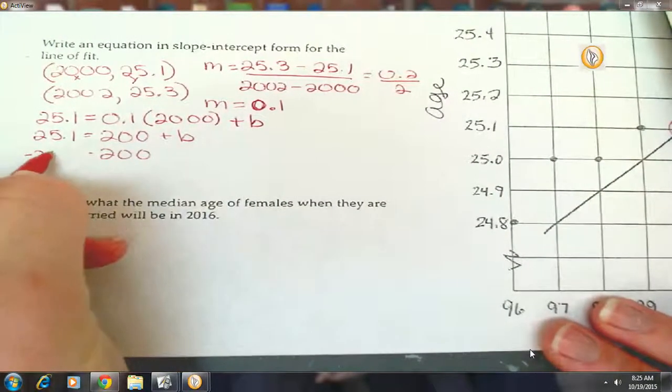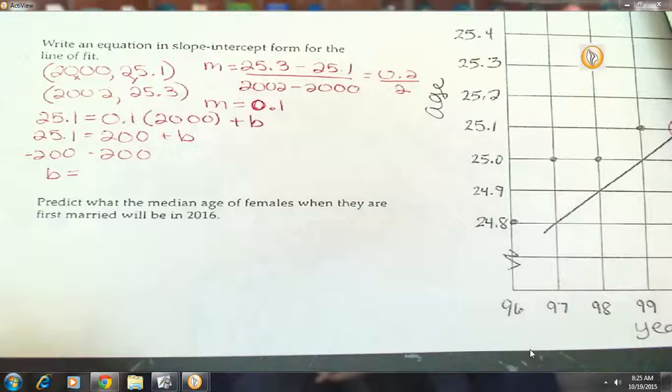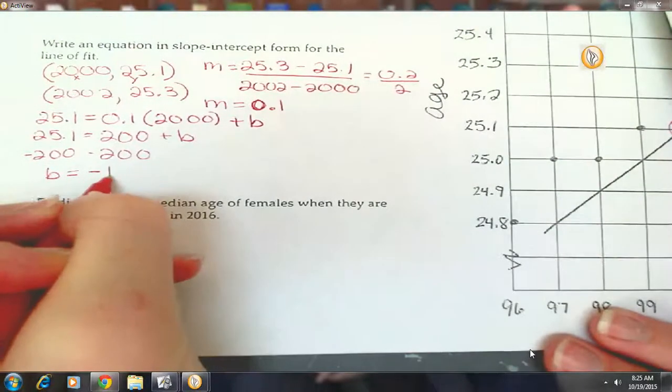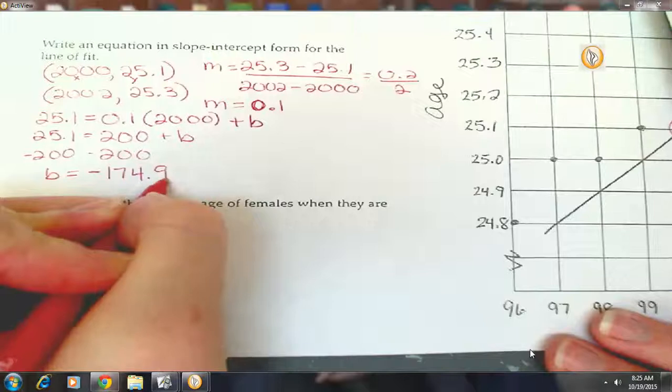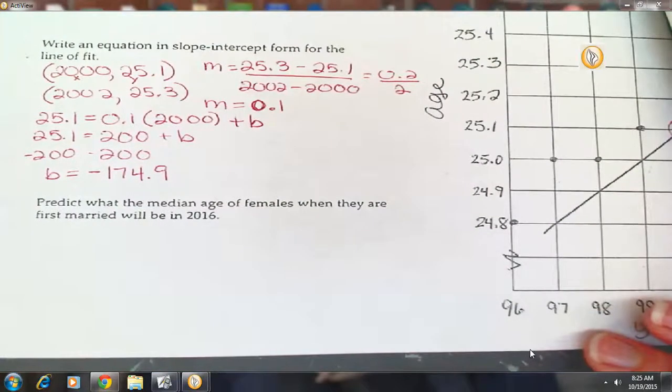Subtract 200. So 25.1 minus 200. I got negative 174.9. Did you get that as your y-intercept as well? Yeah. Negative 174.9.